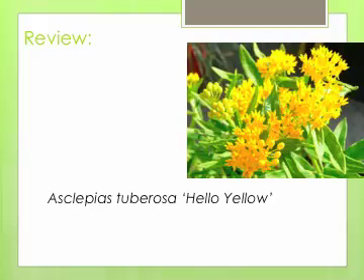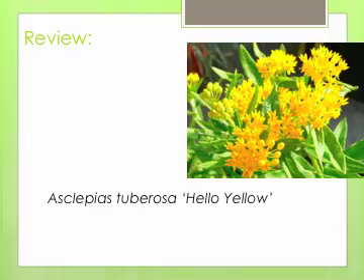So to review, you've got a picture of a plant on the screen. You've got three names. Which name is the species name? That would be tuberosa. Hopefully you recognize that. Why is Asclepias capitalized? Again, the answer to that is because it's the genus name.